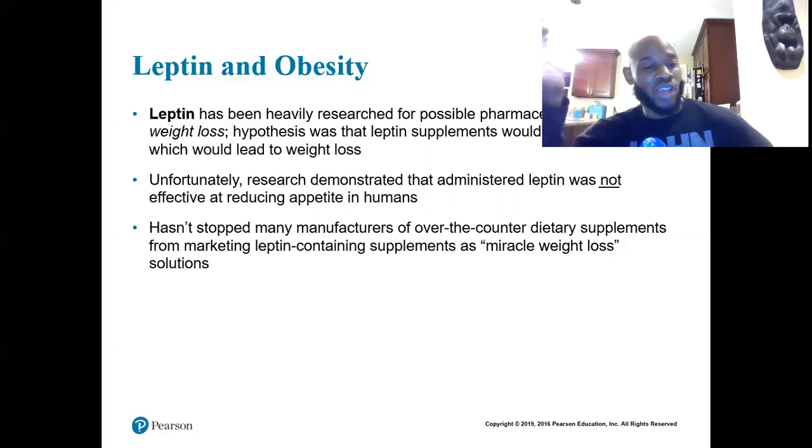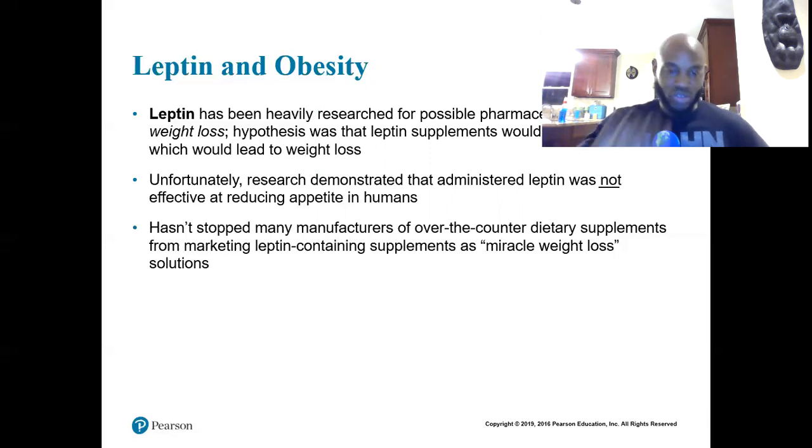But it doesn't quite work that way. There's a slide in here if you want to read about that a little more. Just giving people more leptin will not reduce their appetite to the extent that they would lose weight.